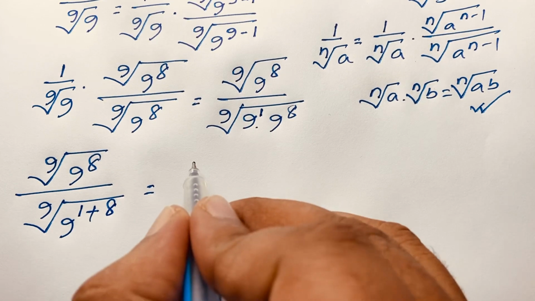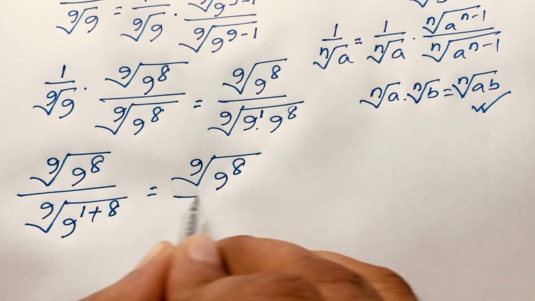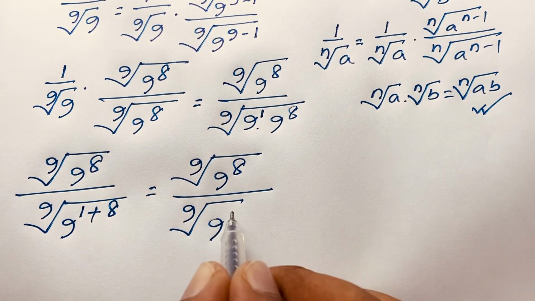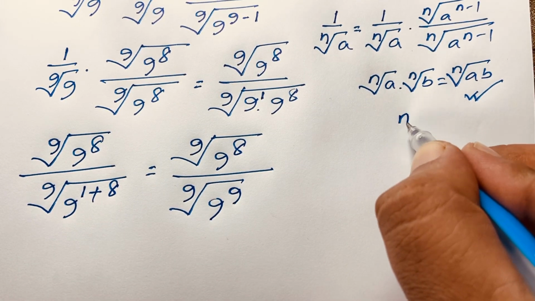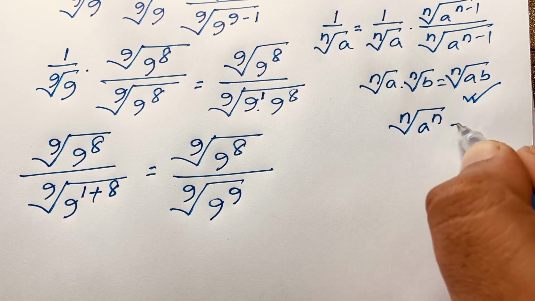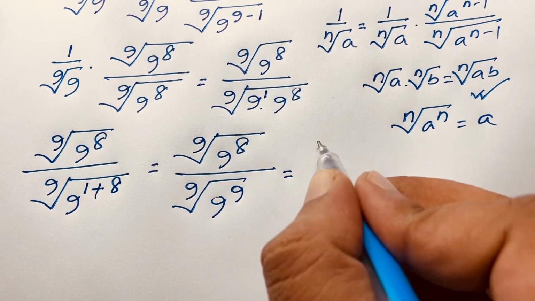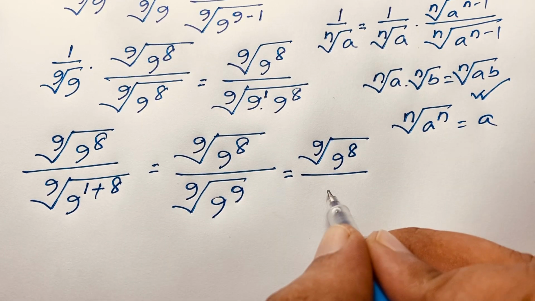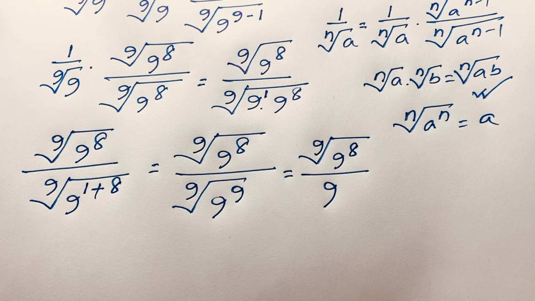Then the denominator is the 9th root of 9 to the power 9. Now you know that the nth root of a to the power n is a. According to this, the 9th root of 9 to the power 9 is 9. This cancels, and we find 9 in the denominator. So this is our answer.